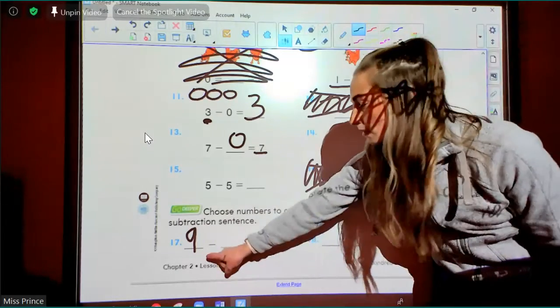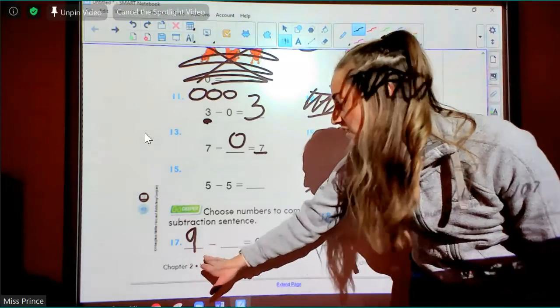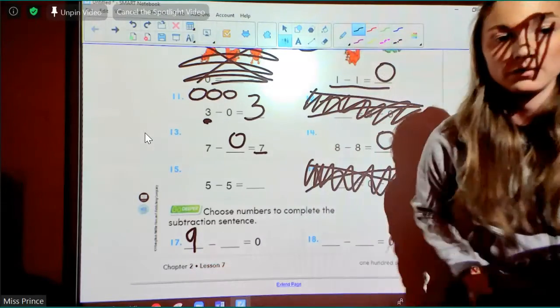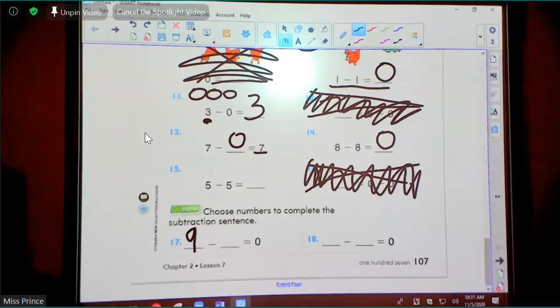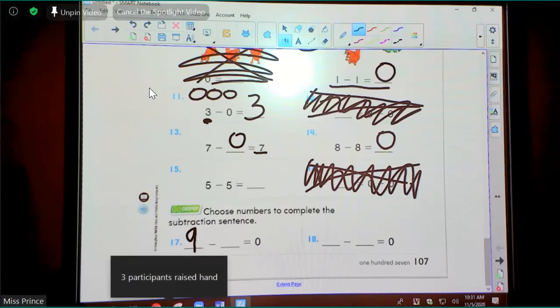So, go ahead and solve this problem, then use the raise hand button when you're ready. Right now it says 9 take away equals 0. Ten seconds. 5, 4, 3, 2, 1, 0.